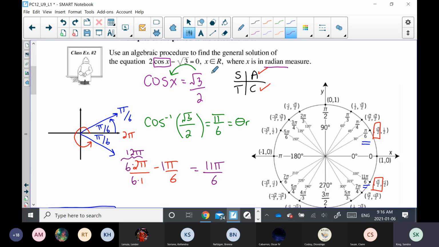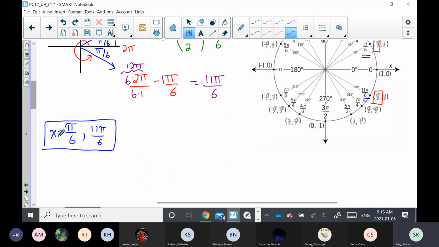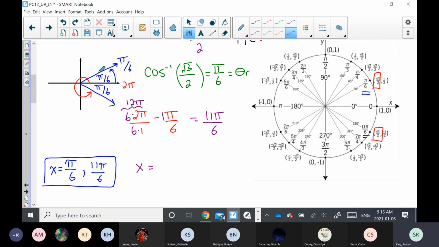Now they want the general solution. Once I have my solution, I could then write a general solution. This was one of my solutions, and to that solution, I could just keep adding or subtracting 2 pi radians. So I'm going to take that first solution, which is pi/6, and to that, add 2 pi n.